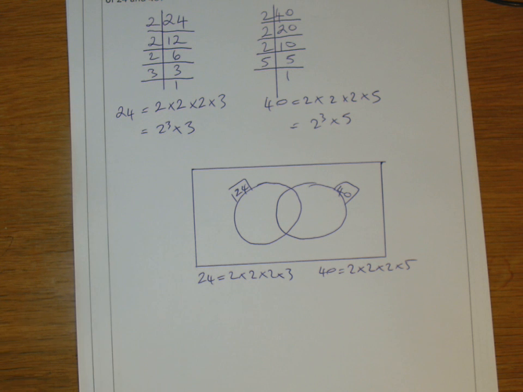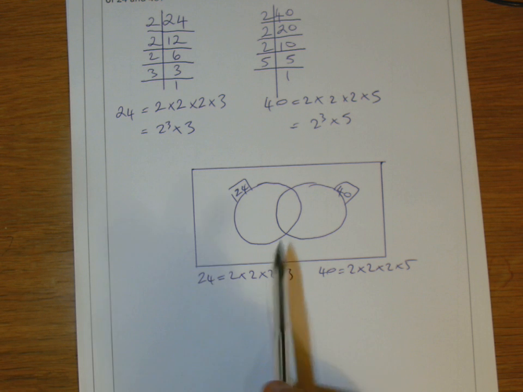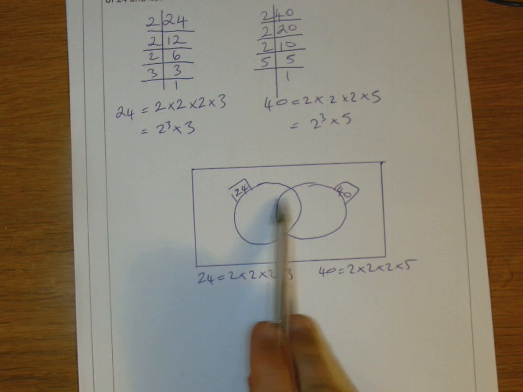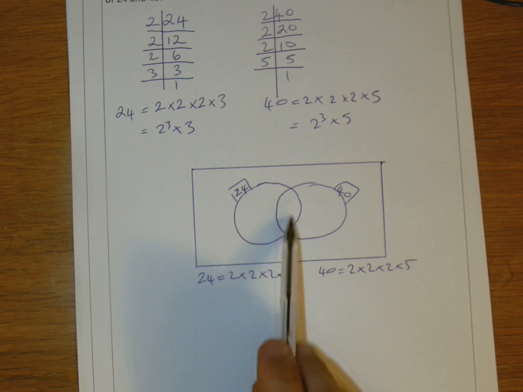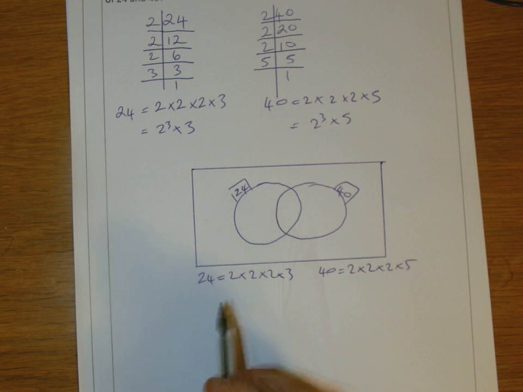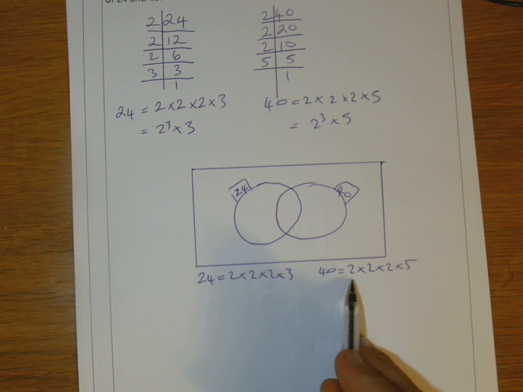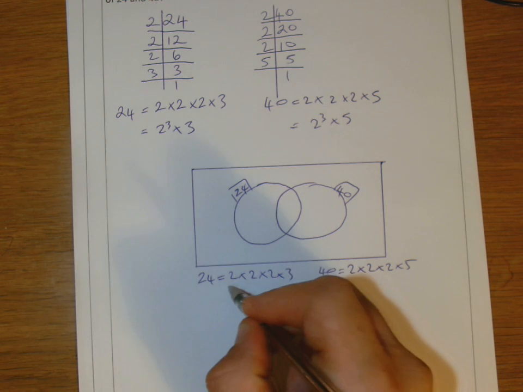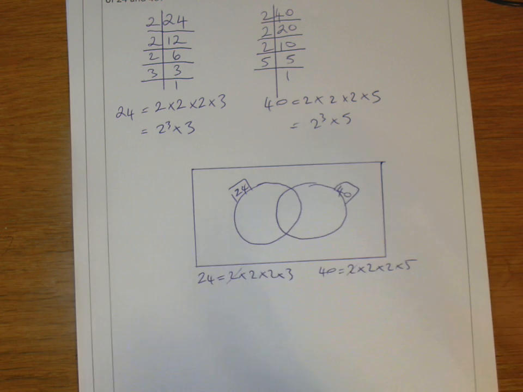Okay, so in our Venn diagram, what you need to do is first of all work from the center outwards. The center here is the overlap, the overlap of 24 and 40, what's common to both of them. And you can see here that 2, let's see if there's a matching 2 in 40, and there is, isn't there? So that 2, we can pair up with that 2, and because it's common to both of them, it will go in the center.